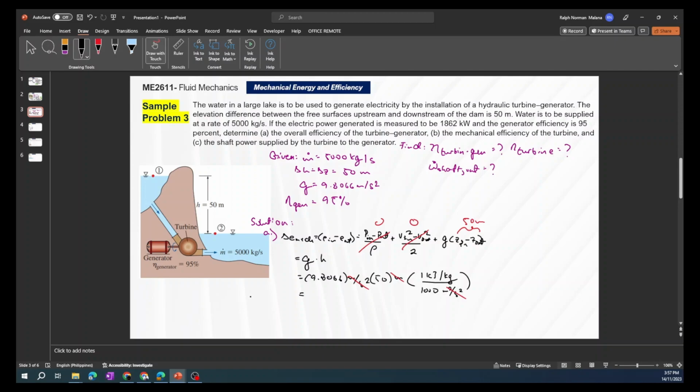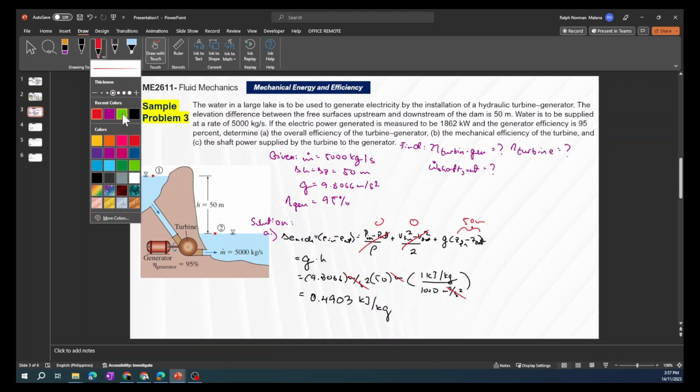That's going to be 0.490, actually 0.4903 kilojoule per kilogram. So that's one.